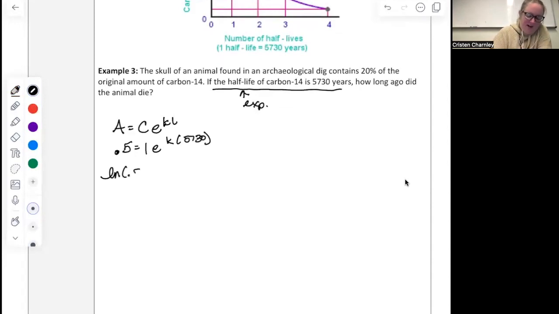Natural log of 0.5. I know that the ln and e will cancel out, so I've got 5730 times k. If I divide both sides by 5730, natural log of 0.5 over 5730 is equal to k.